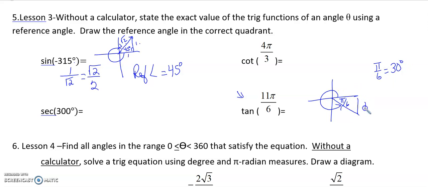So I know that opposite of 30 degrees is 1, adjacent is square root of 3, and the hypotenuse is 2. Because of where this is located, the 1, or the y value, is negative. So if they want the tangent of this angle, they want opposite, which is negative 1, over adjacent, square root of 3. So our tangent is negative square root of 3 over 3.